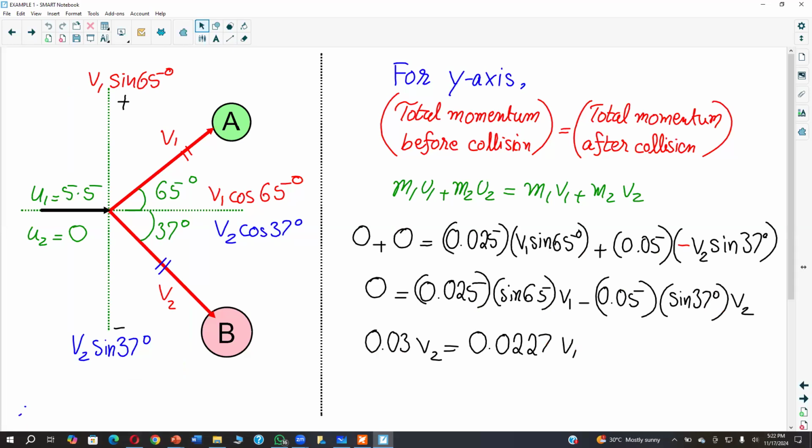Sir, why is the second velocity negative? Oh, it's going downwards. Why is the second velocity negative? Acha, you're talking about V2 sine 37. Yes. One is upward, one is downward now.